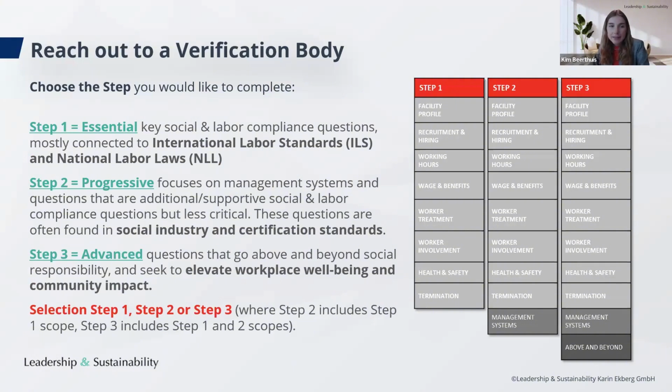The second step is then the progressive step, and that focuses on management systems and questions that are additional or supportive social and labor compliance questions. These questions are often found in social industry and certification standards. And lastly, the third step is the advanced step, and that includes questions that go above and beyond social responsibility and seek to elevate workplace well-being and community impact.